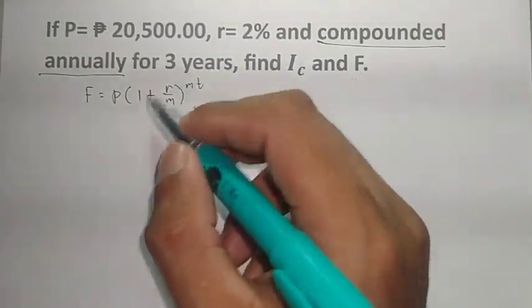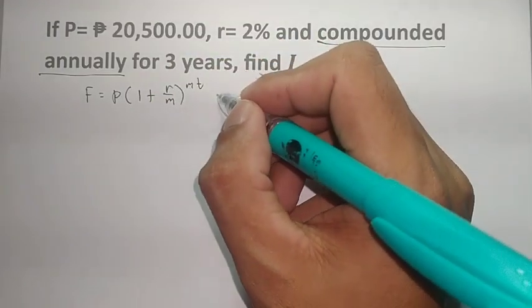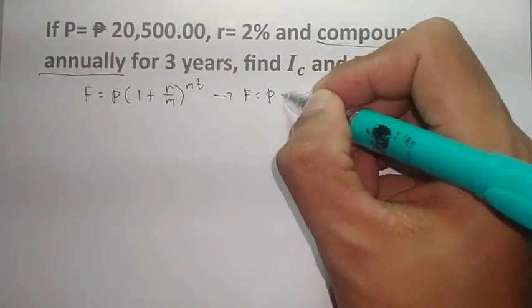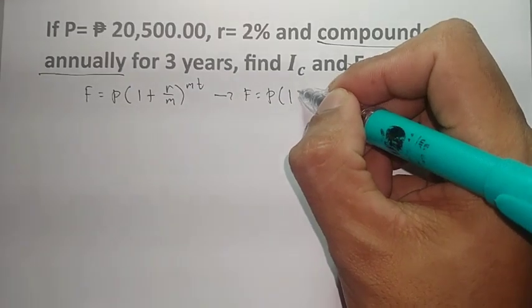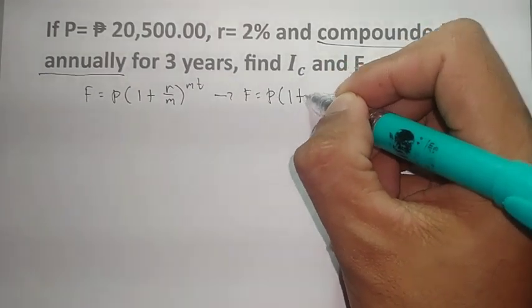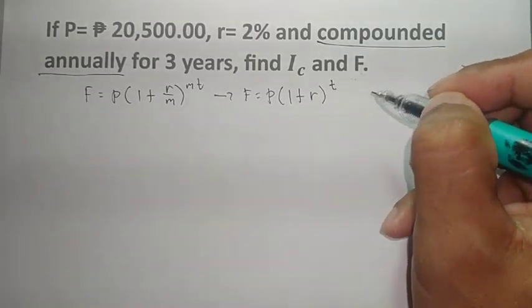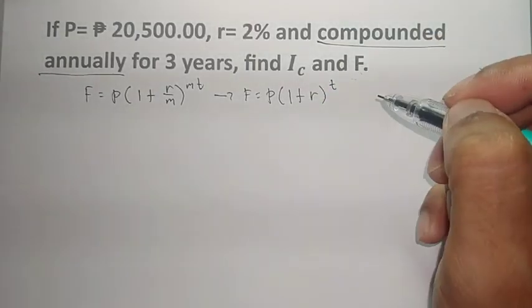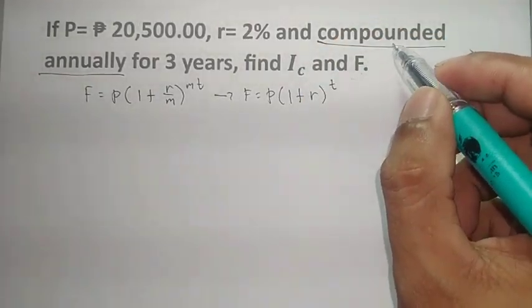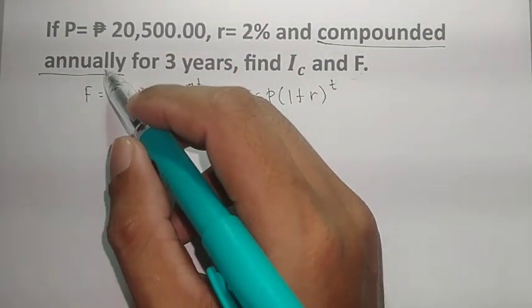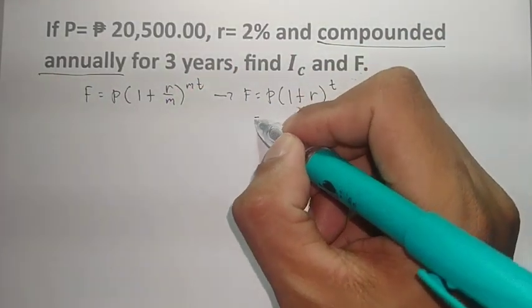So instead of using this formula, we go to the formula F equals P times the quantity 1 plus R raised to T. Okay, so we use this formula because the interest will be paid annually, no?